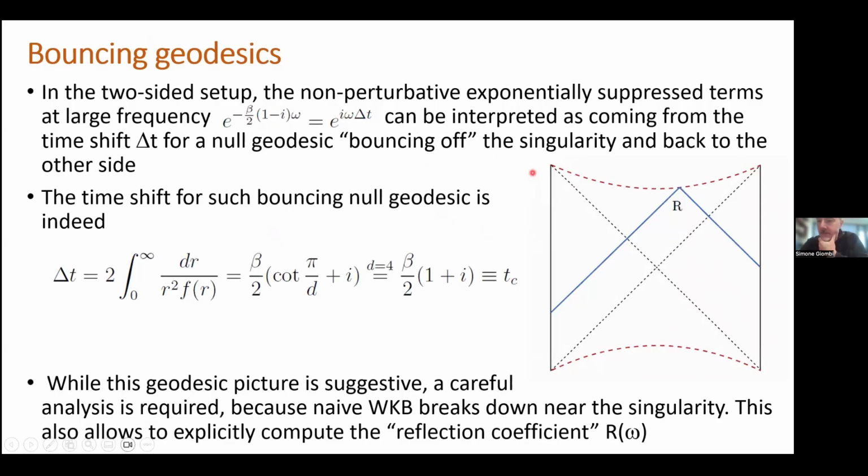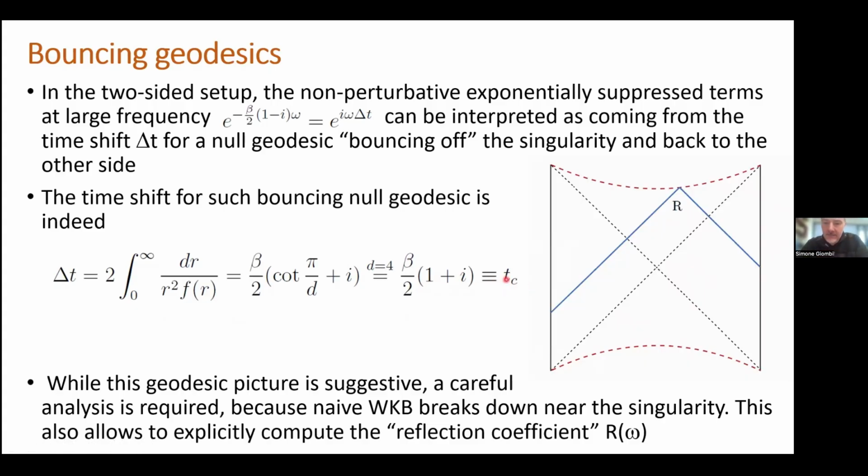If you compute the time shift in this picture for this null geodesic, the time shift in that geometry is computed by this integral, which gives this complex time shift beta over 2 (1 plus i), which we will call t_c in the later parts of the talk.